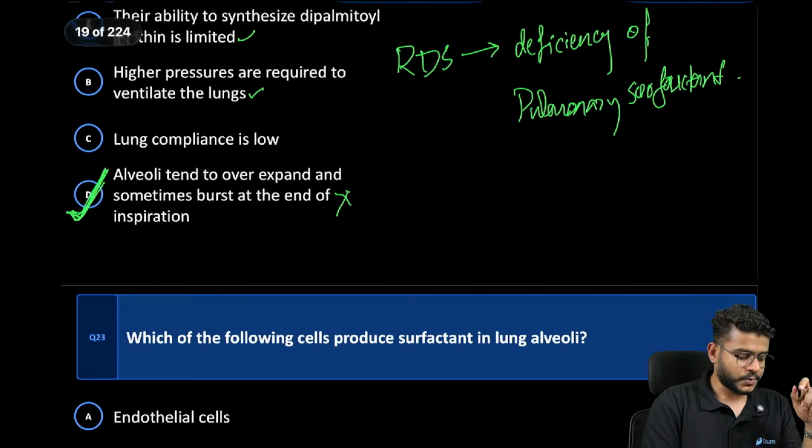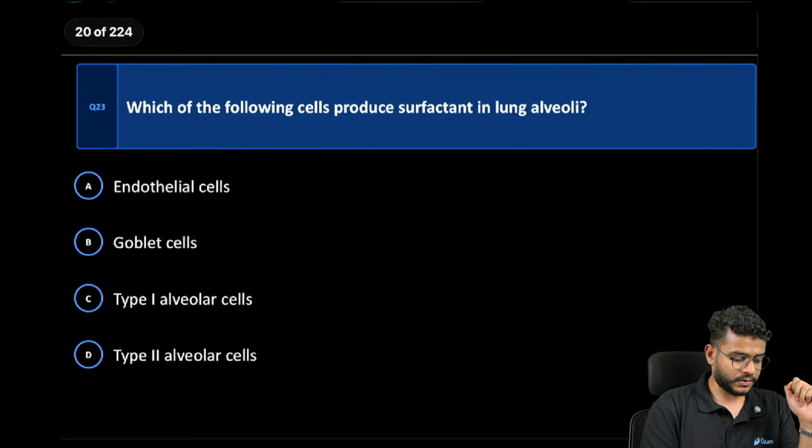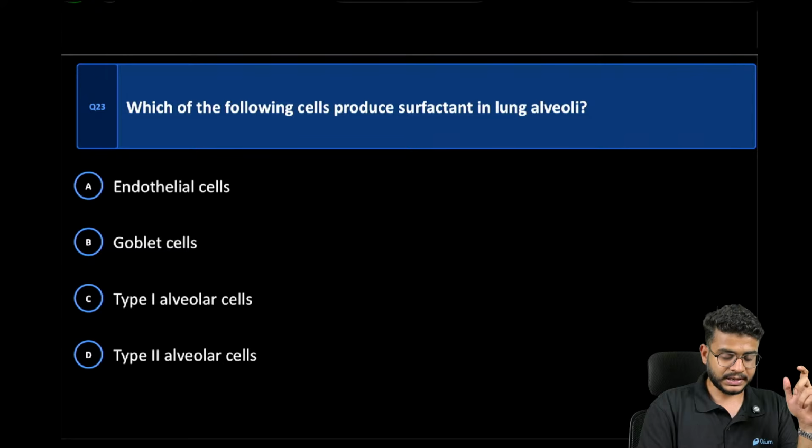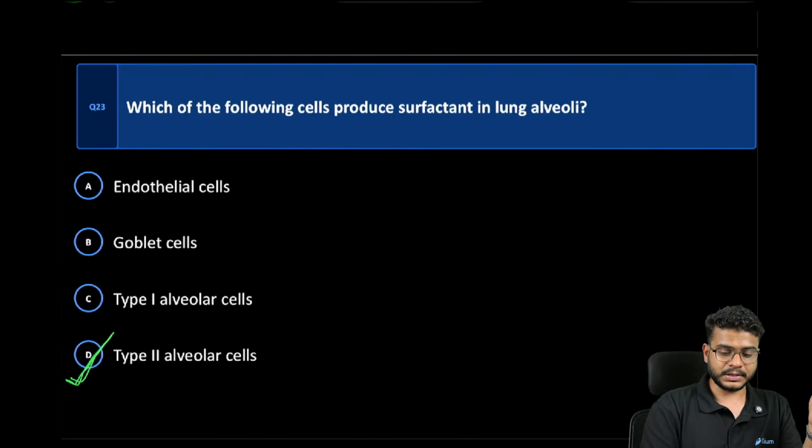Okay, the next question: which of the following cells produce surfactant in lung alveoli? I told you that in the lung alveoli, the surfactant is being produced by type 2 alveolar cells.